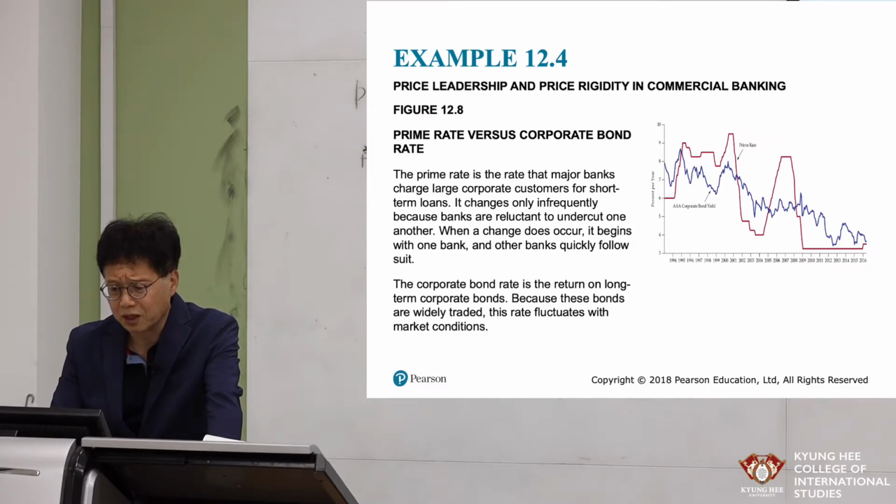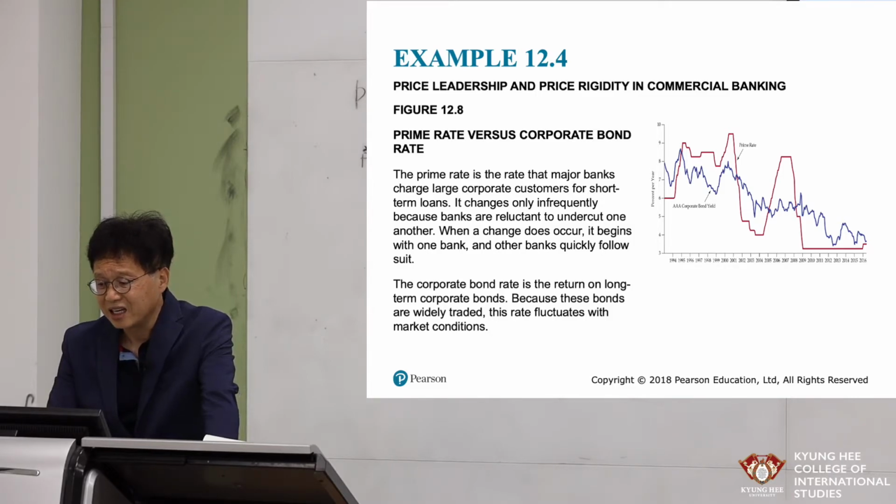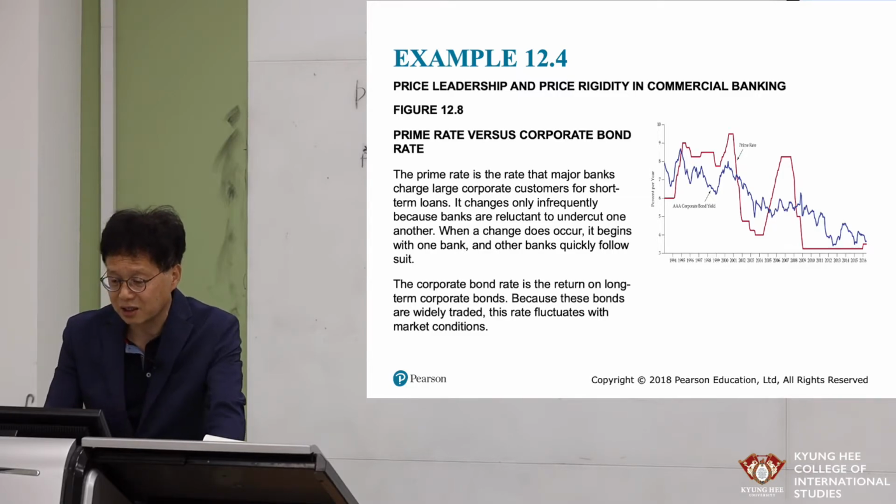Slide number 35 is an example of price leadership and price rigidity in commercial banking: the prime rate versus the corporate bond rate. The corporate bond rate has lots of fluctuation, right? And the prime rate in the United States is like this. The prime rate is the rate that major banks charge larger corporate customers for short-term loans.